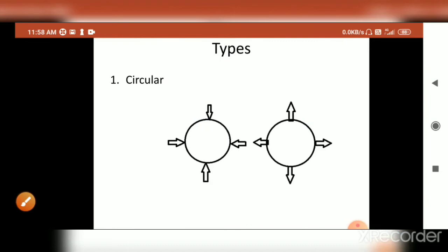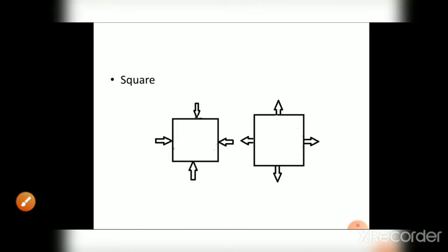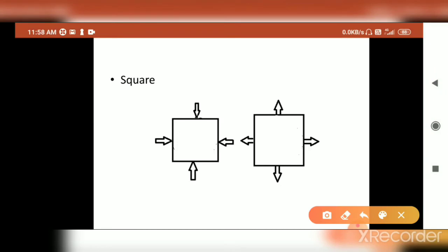Okay, this is circular. Coming to square, square is similar to circular. Here also there is facing the center and away from the center. In a circular arrangement there is no particular corner or edge, so wherever you start, it will be correct.